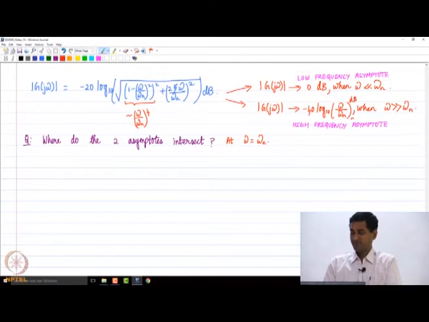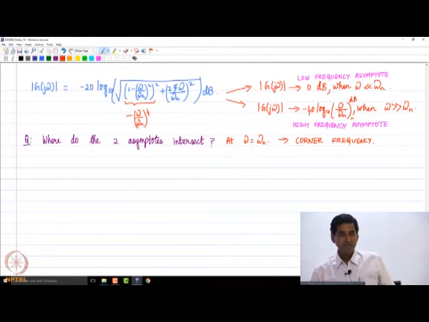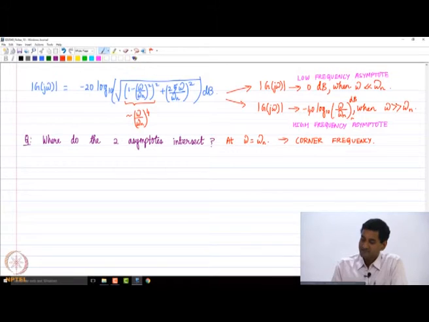Because when you substitute omega equals omega n in the high frequency asymptote, you get 0 decibels. So essentially the 0 decibel line is the low frequency asymptote, and the two asymptotes intersect at omega equals omega n. Consequently, omega equals omega n is the corner frequency for this particular factor, the second order term. The natural frequency is the corner frequency.